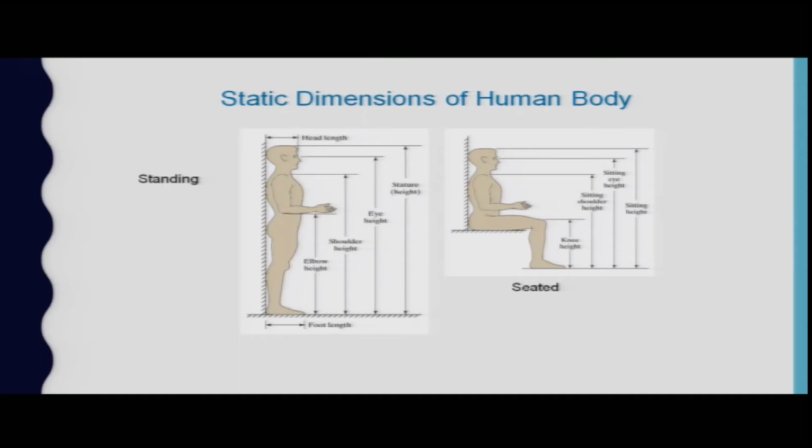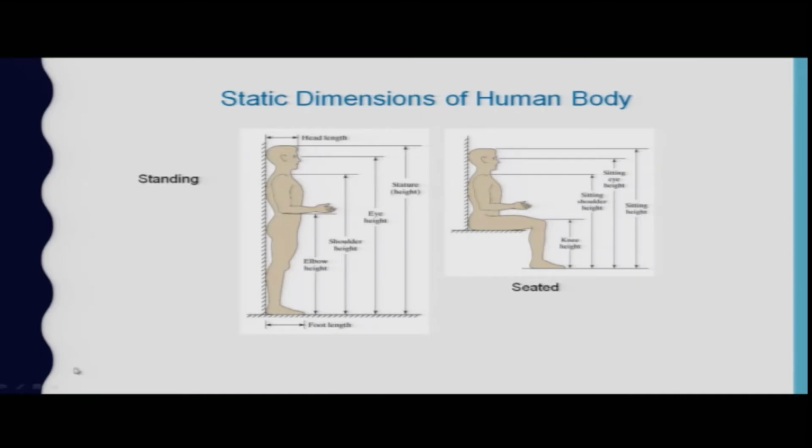Now, as shown in this slide, there are two persons. The first is in standing condition and the right one is in the seated condition. The possible static dimensions of several anthropometric variables are as follows.